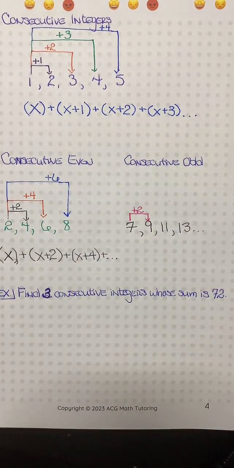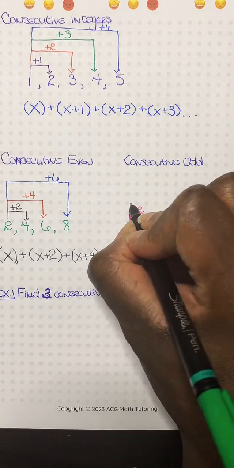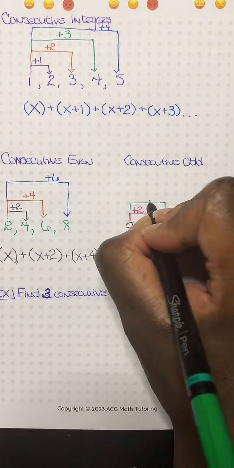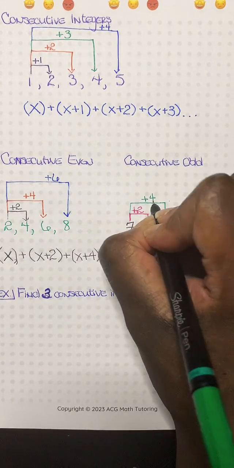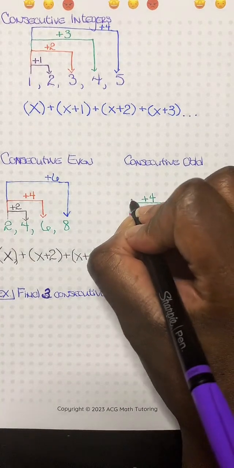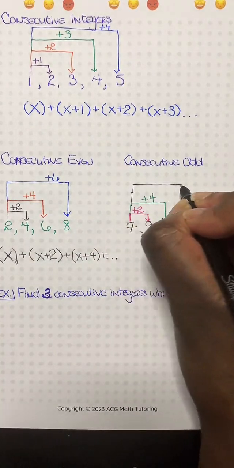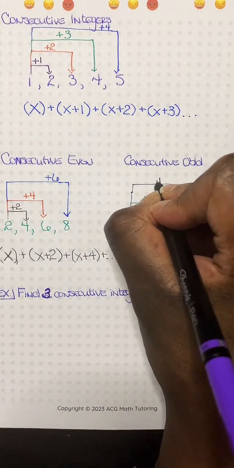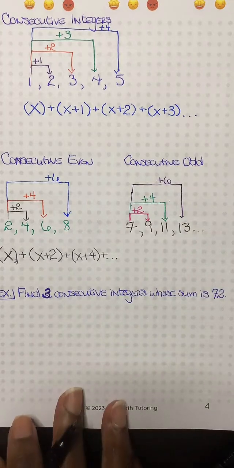From 7 to 11, I have to add 4. From 7 to 13, I have to add 6.